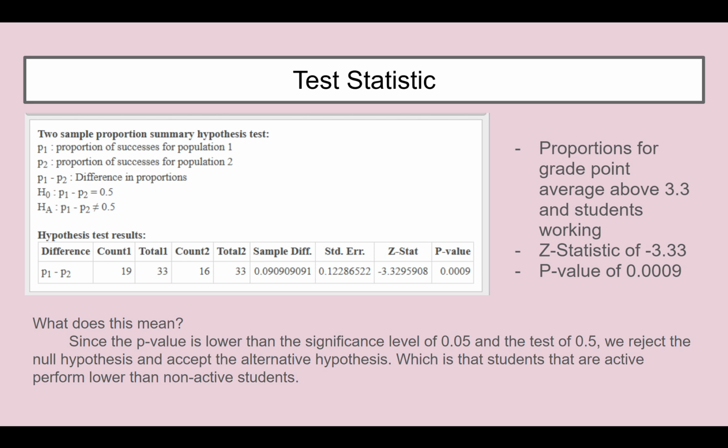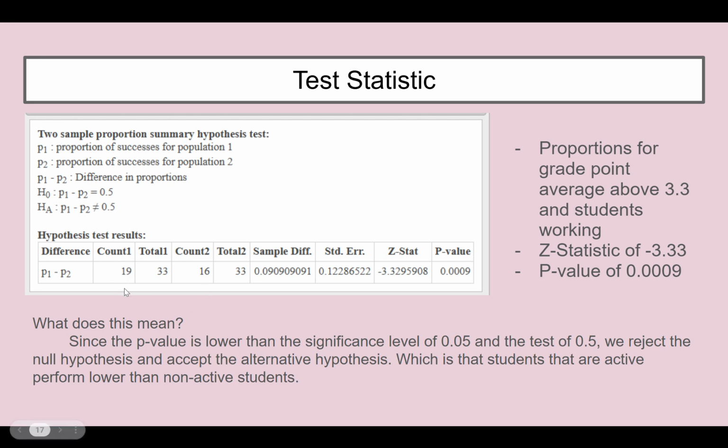All right, now for our test statistic. For this one, I used the proportion for grade point average above 3.3 and students working. What I inputted into the system, I think the 16 was students that were 3.3 and above, and then 19 students were working, or it was the other way around.